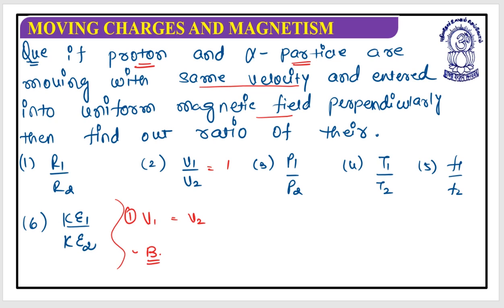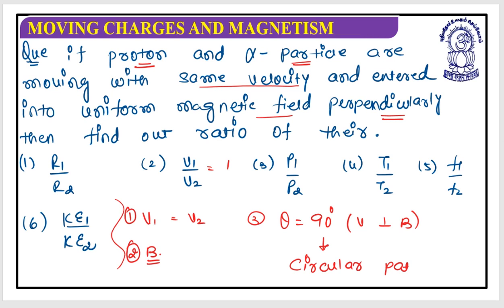Perpendicularly means theta is 90 degrees, talking about V and B, so it is moving on a circular path. This is all we understood up till now.